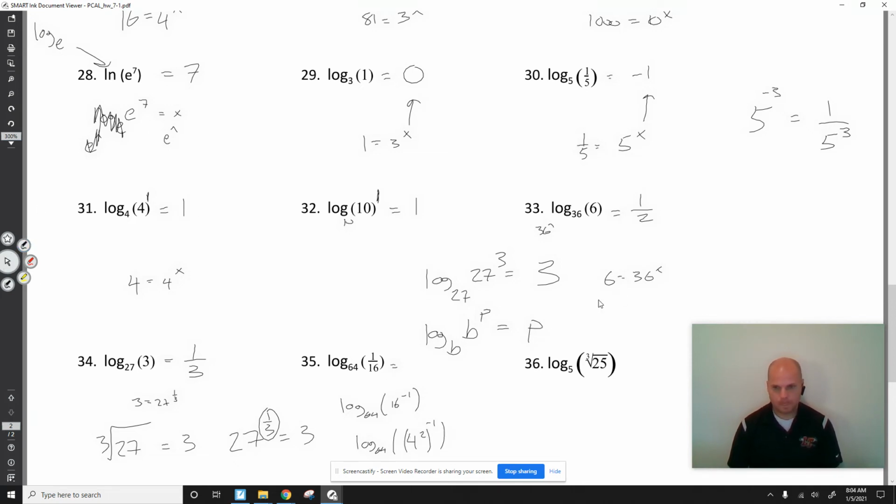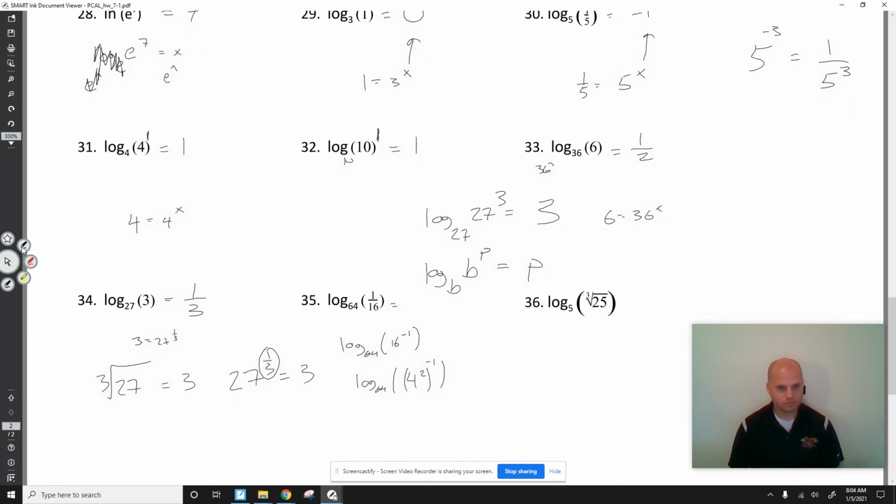And then what I can do is turn this 4 into a 64. I could say 4 is the cube root of 64. So I can write 4 as 64 to the 1/3. That's 4. Then I have the square. Then I have the negative first.